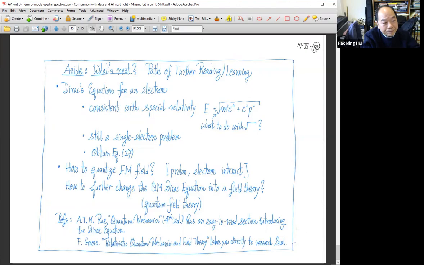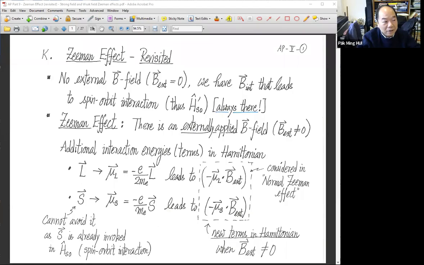So for this, we are done with the spin-orbit and its cousin, the same order of magnitude in hydrogen, the relativistic effect combined. The next thing will be to go back to the external field effect called the Zeeman effect. So we have done the Zeeman effect once, forgetting about spin there.